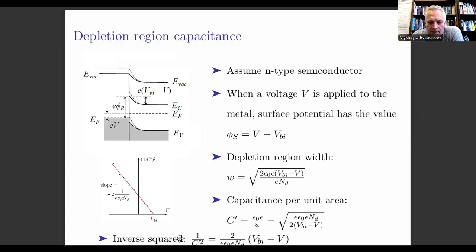Now, if you measure the inverse capacitance squared, take 1 over C prime, and square the result, then you will obtain something which is proportional to the applied voltage. It is a linearly decreasing function of the voltage. So you can measure the depletion region capacitance using a simple farad meter.